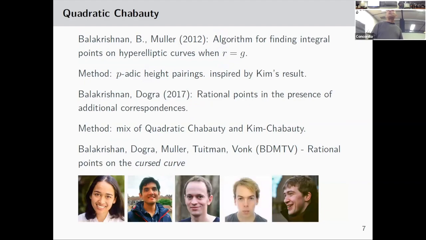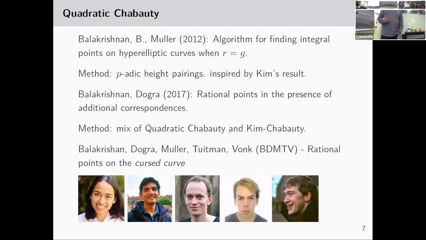Okay, so now I'm going to switch to what should be kind of a subfield of Kim's work, but he sometimes uses slightly different techniques, and that's a thing called Quadratic Chabauty, which in some sense I sort of helped start, as you can see with Balakrishnan and Müller, two of the people you can see here.